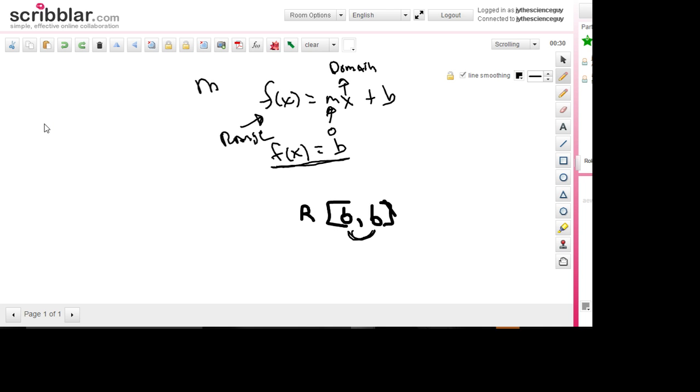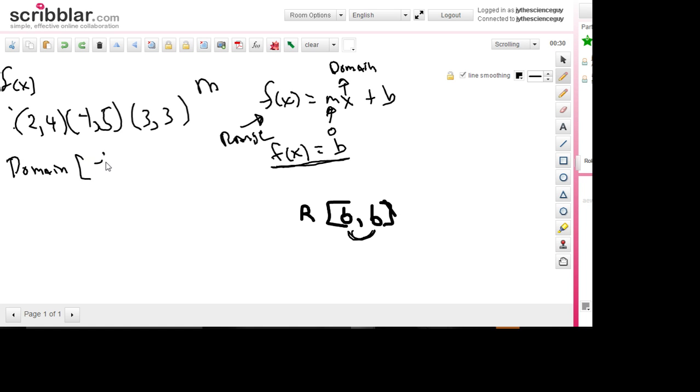Let me give it to you this way. Let's say I have these 3 points, and those 3 points represent some function f of x. If I want to write the domain for this, the domain would be -1, 2, 3.